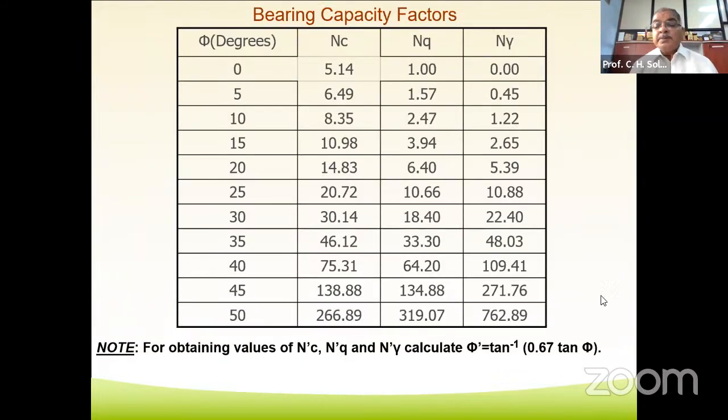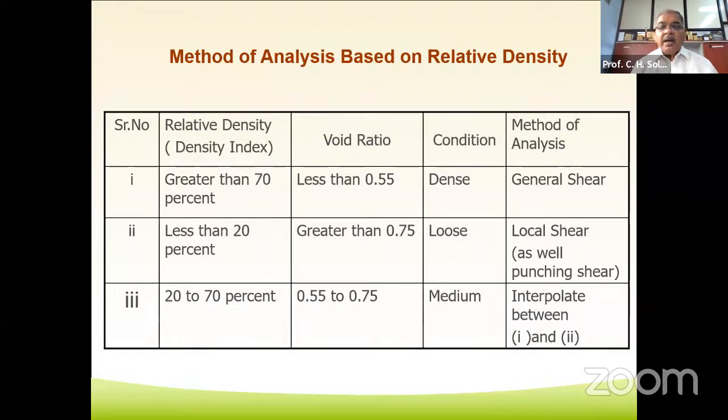Now, as far as this data is concerned, how to get the values of Nc, Nq, and N gamma based on the phi value has been presented. How to choose the method of analysis based on the relative density and void ratio, for the case of local shear failure and general shear failure, has been presented.